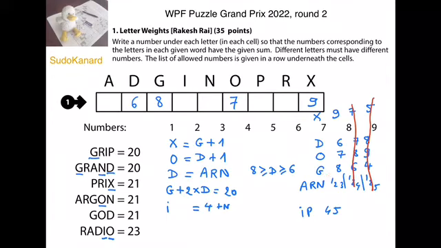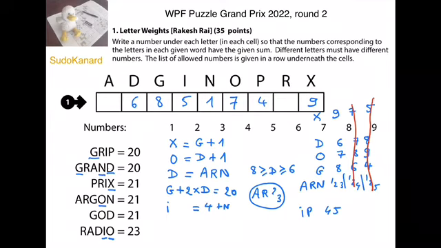And let's ponder the digits here. We see that the only way is to have I equal to 5, so that P is equal to 4, and N should be equal to 1. And we know that AR must be 2 and 3 in some order, and we must find how to choose this.